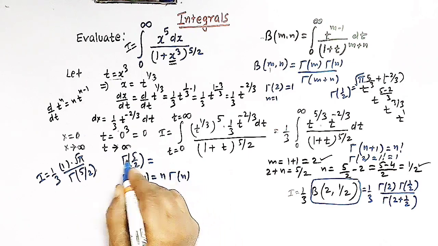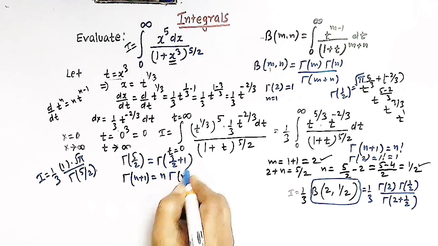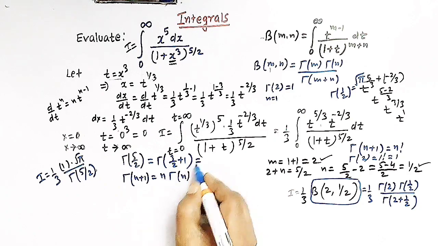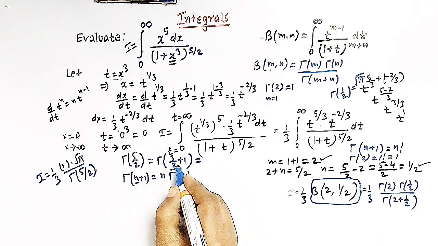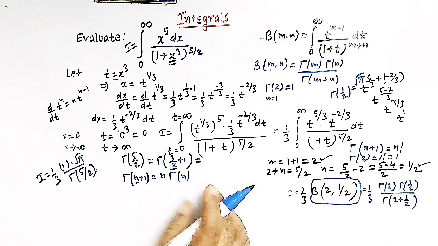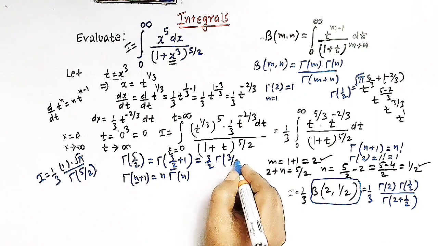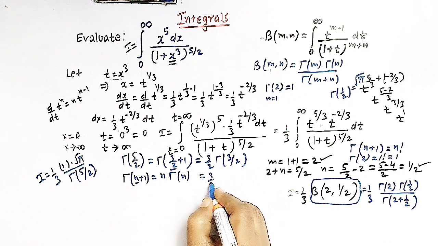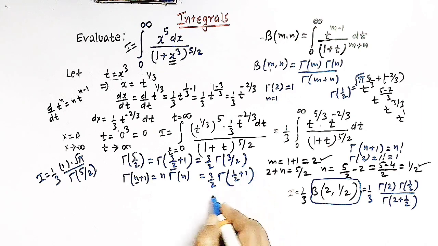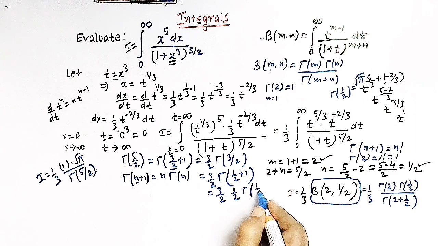So here gamma 5 over 2 can be written with 3 by 2 plus 1. We can split 5 over 2 as 3 by 2 plus 1. So now our n is 3 by 2. So taking n is equal to 3 by 2 in this relation, we have 3 by 2 times gamma 3 by 2. And further we can split 3 by 2 as half plus 1. So now we have 3 by 2 times half times gamma half.